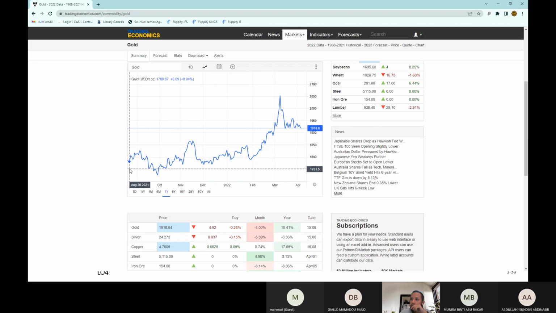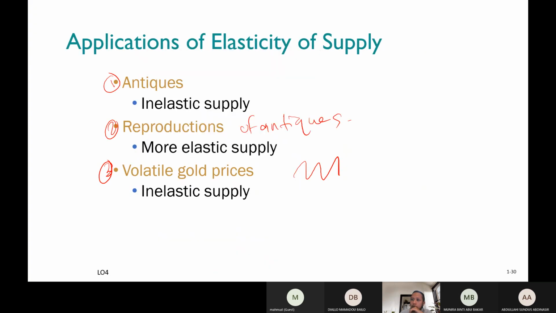And if you bought gold here in August 2021, it's 1,759. And if you sell it now, you can get quite a profit. So basically this movement of the gold, the argument is that it is because of the limited supply.